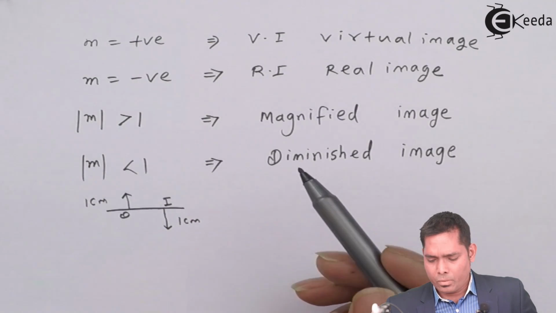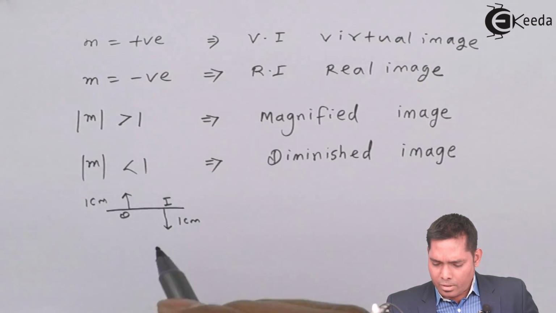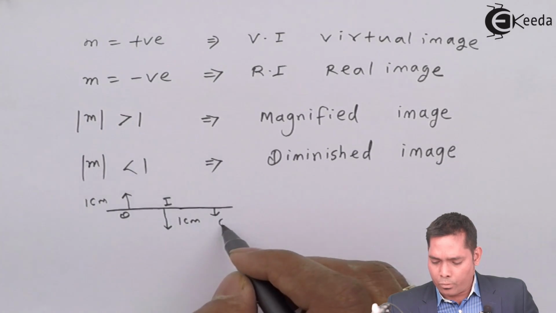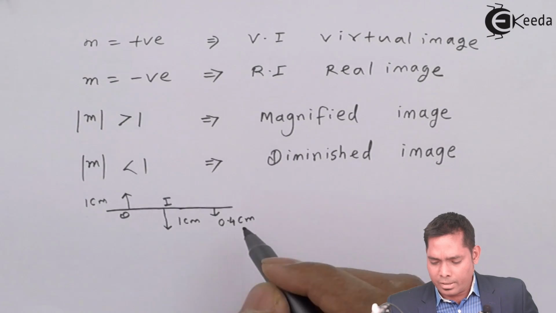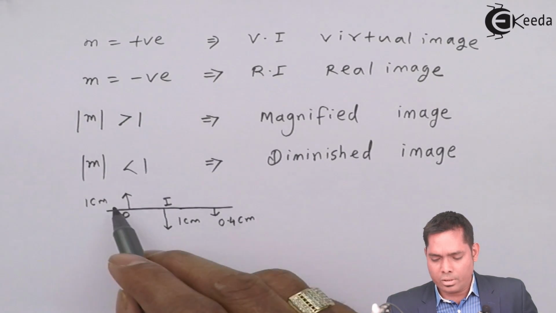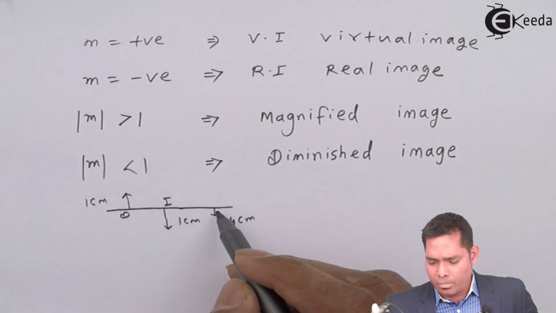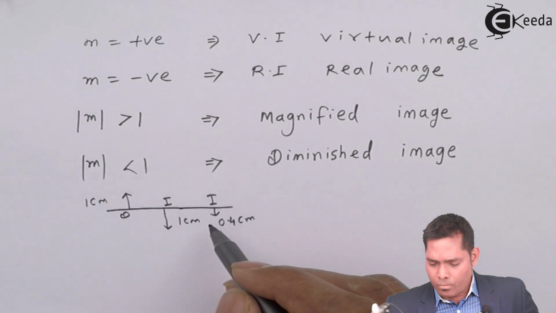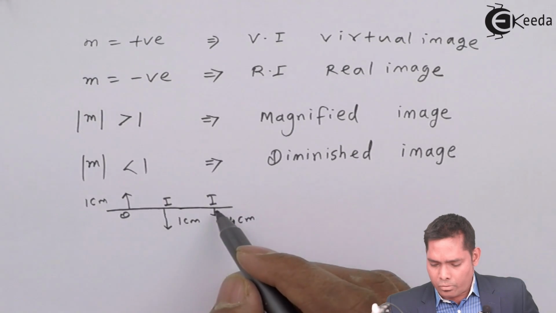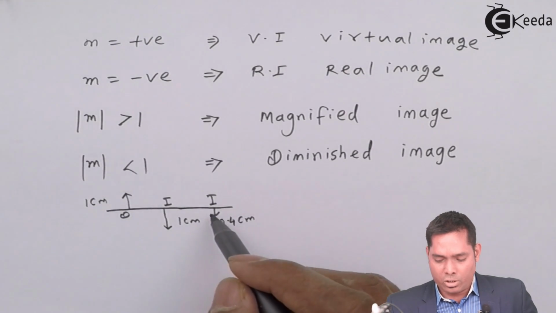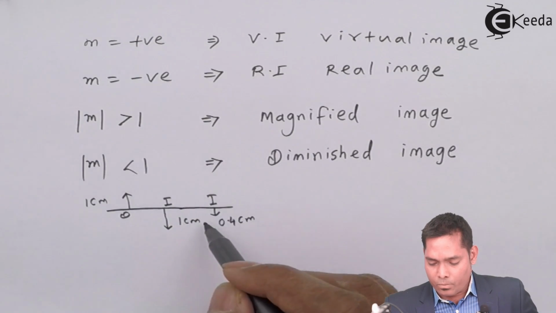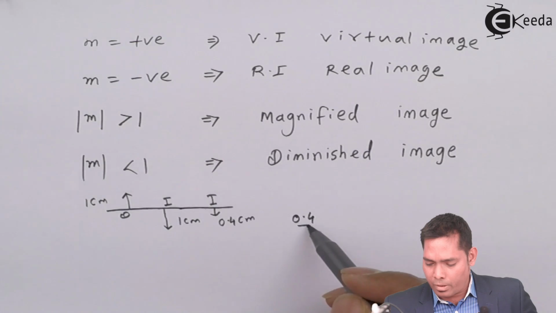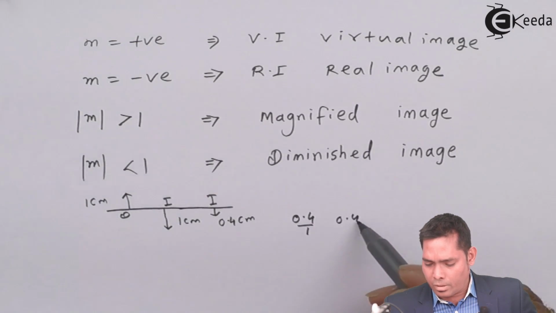But if I get an image which is, suppose, 0.4 centimeter, then this image is smaller, diminished. So obviously the magnification, image size upon object size, for example 0.4 divided by 1, is less than 1.